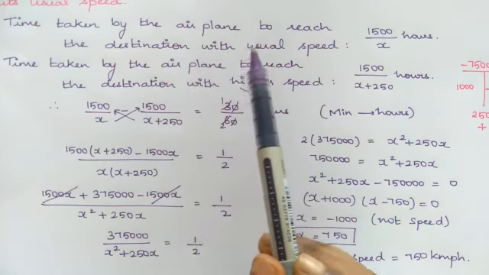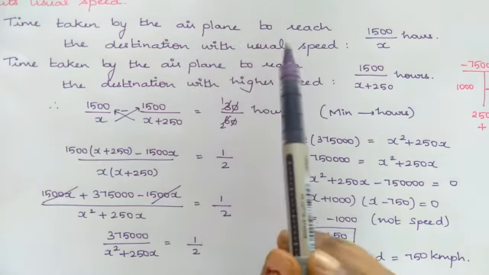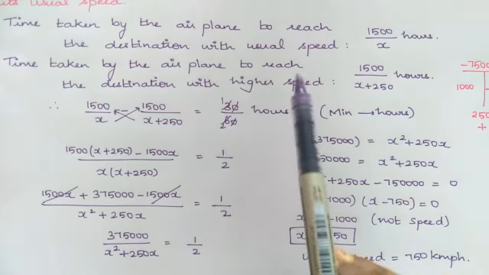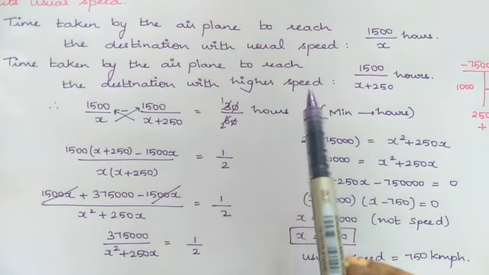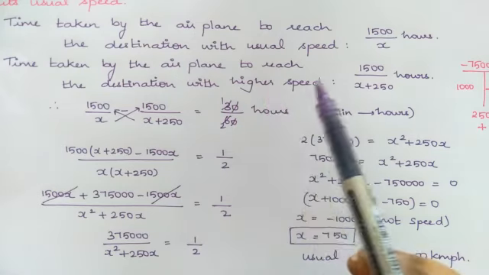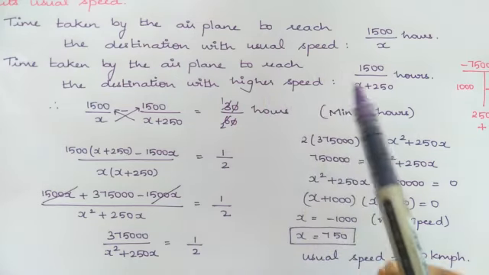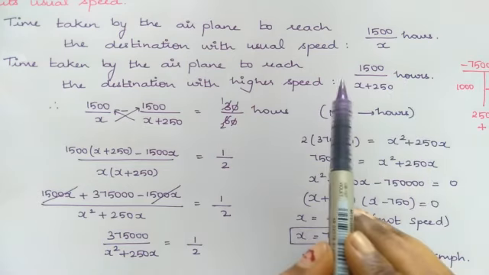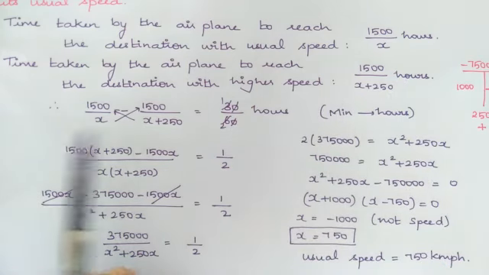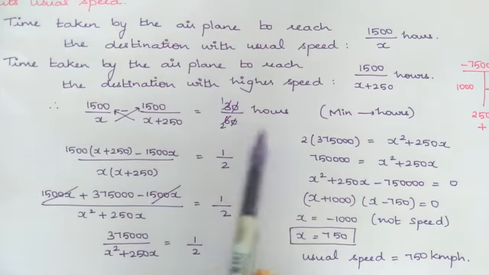That will be a few of the children's doubt. They are increasing the speed and trying to reach the destination on time, but we don't know whether they reached the destination on time or not. So that is why we are identifying the difference in time and equating it with 30 minutes.